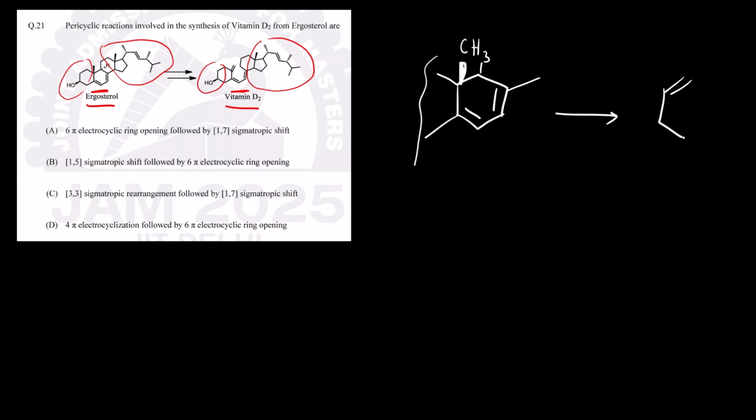Now we have to convert this into this one, right? The first thing you can notice is that there is a ring opening. So we will do a ring opening reaction. Which reaction will that be? Six electrons are involved, so a 6 pi electrocyclic ring opening reaction.